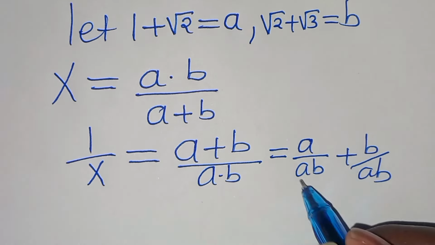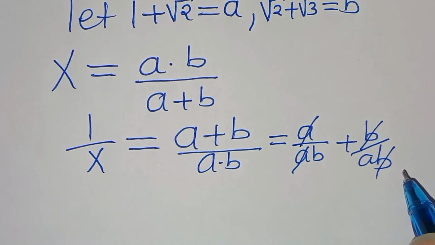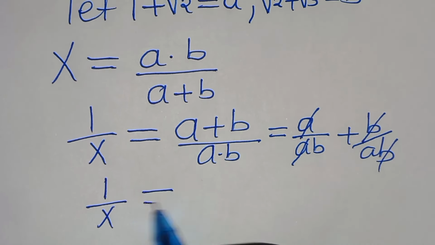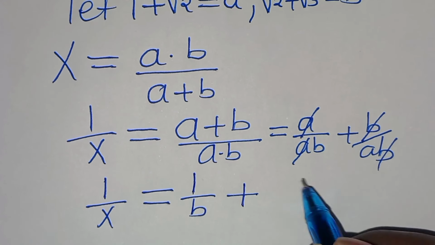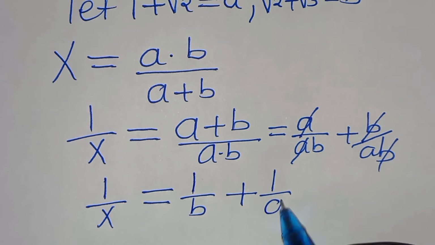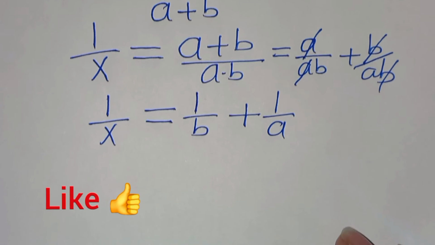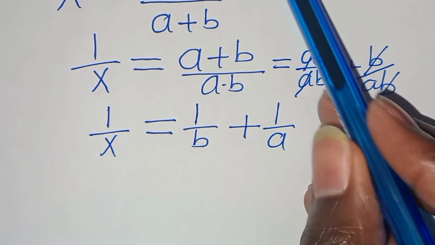So now if you simplify here, a and a simplify, and b here simplifies. So now we have that 1 over x is essentially equal to 1 over b, then plus 1 over a.